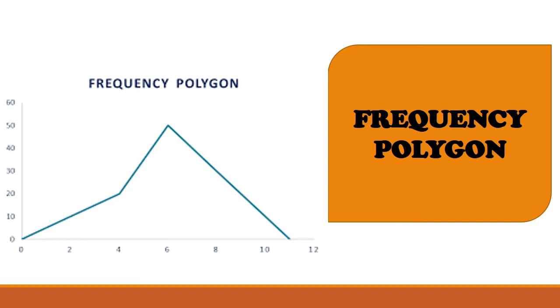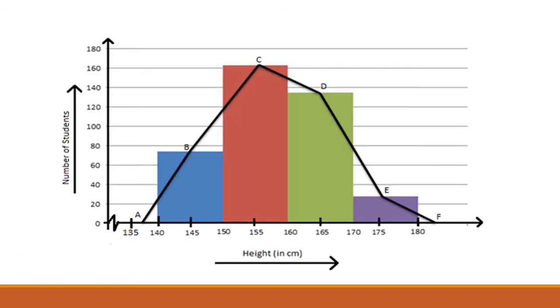It is an effective graph for comparing two or more frequency distributions. A frequency polygon is constructed from a histogram by joining the midpoints of the tops of various rectangles by straight lines up to the baseline.